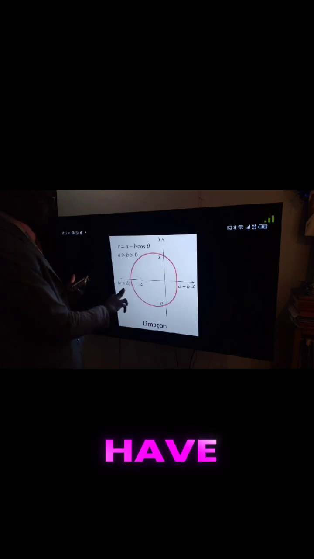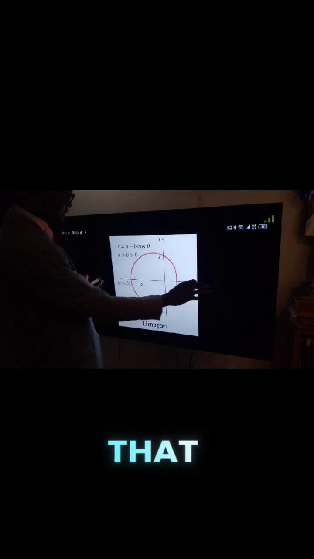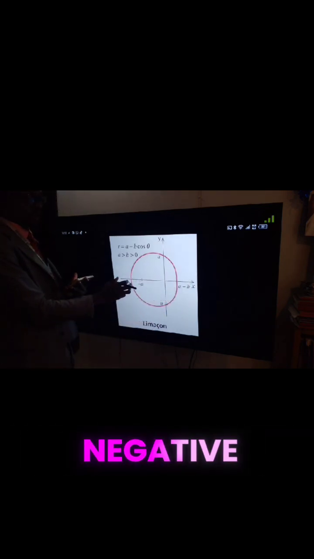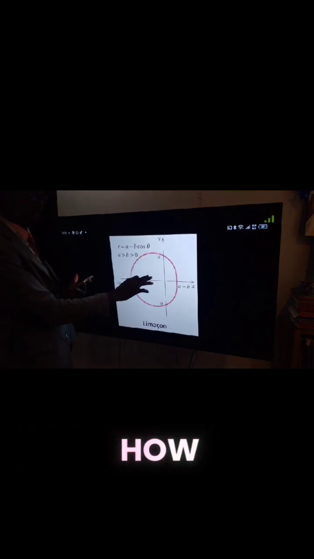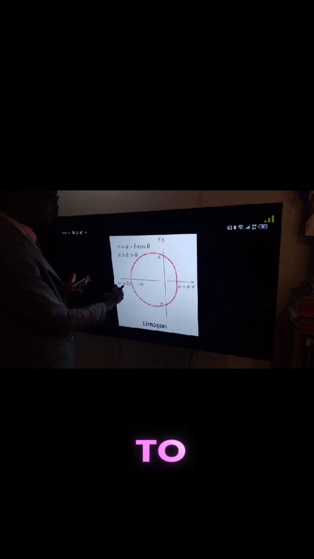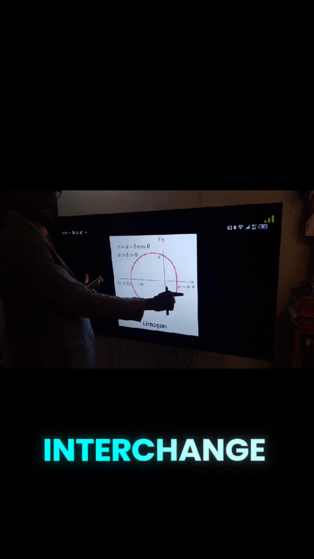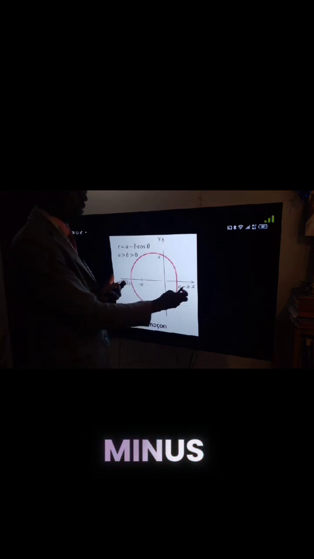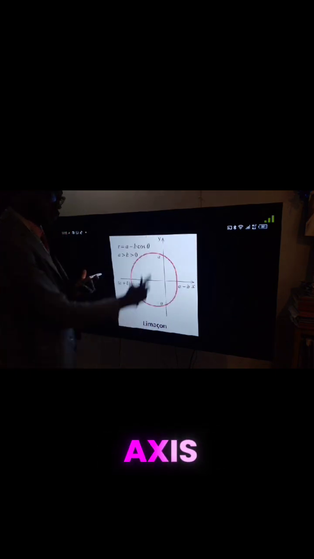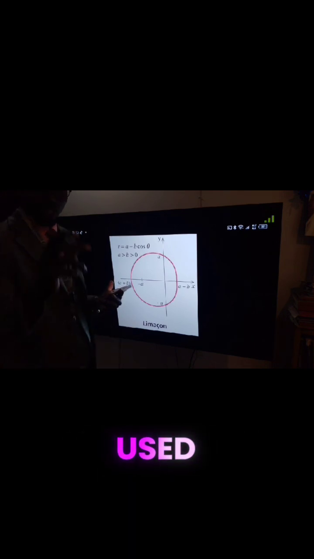Here we have a plus b. We know from the concept of the Cartesian plane that this is positive and this is negative. But when we look at the limaçon, we are going to factor out the negative so that we have a plus b and a minus b on this side. This is the x-axis, this is the y-axis, and we'll see how this graph can be used in computations.